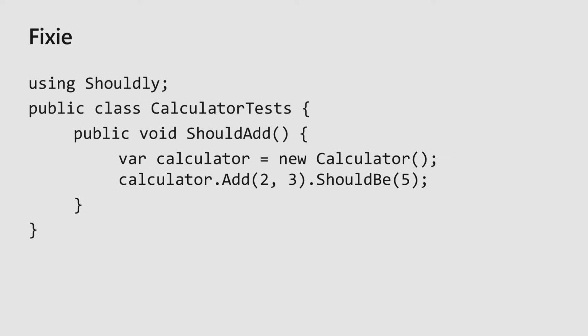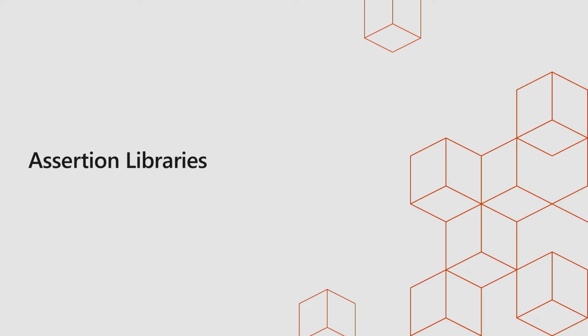So this is Fixie. I really suggest you check it out because it's one of those lightweight tools that gets shoved under the carpet because we .NET devs are used to stuff that does 100 things. So, check it out. Then we're going to move on to assertion libraries.